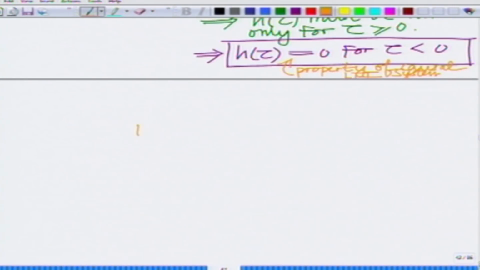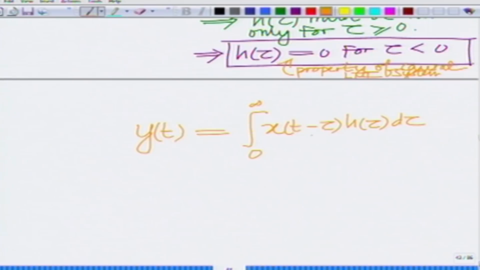As a result, the integral from minus infinity to infinity of x of t minus tau times h of tau d tau can be simplified to an integral from 0 to infinity, since h of tau equals 0 for tau less than 0.